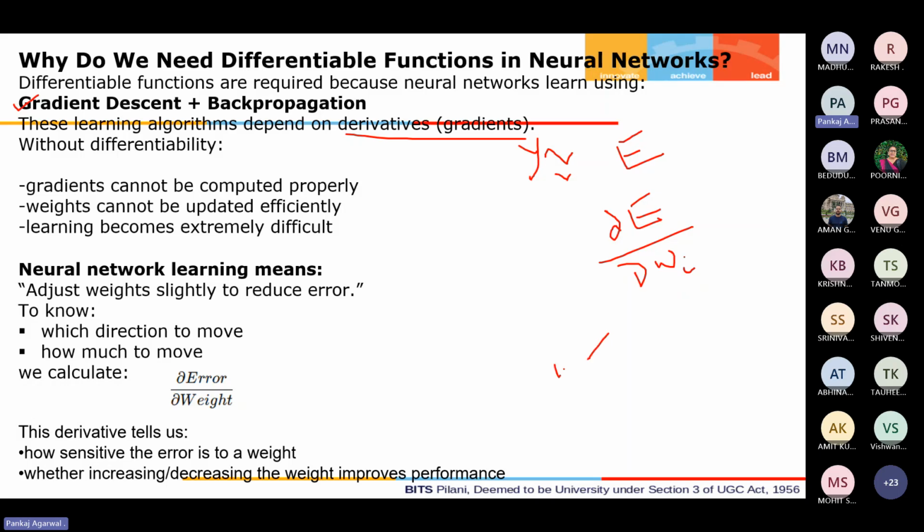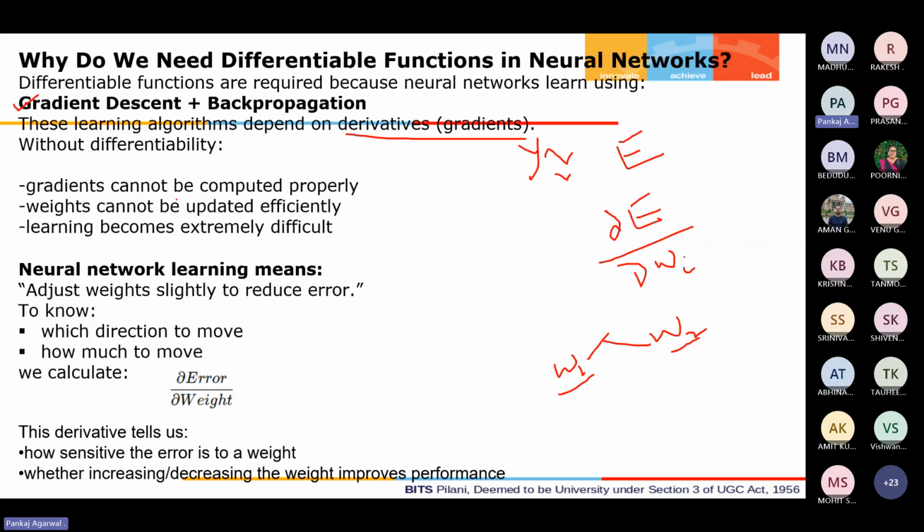So there might be weight W1, there might be weight W2. How would the error respond when W1 changes? A small change in W would lead to an error change, right?